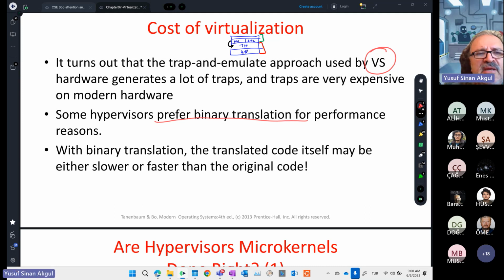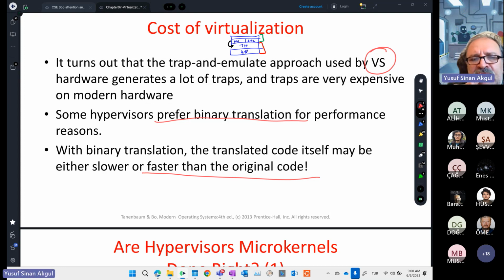With binary translation, the translated code itself is sometimes faster than the original code that involves lots of traps. That's why even though we have the virtualization support, some hypervisors don't use some part of it.